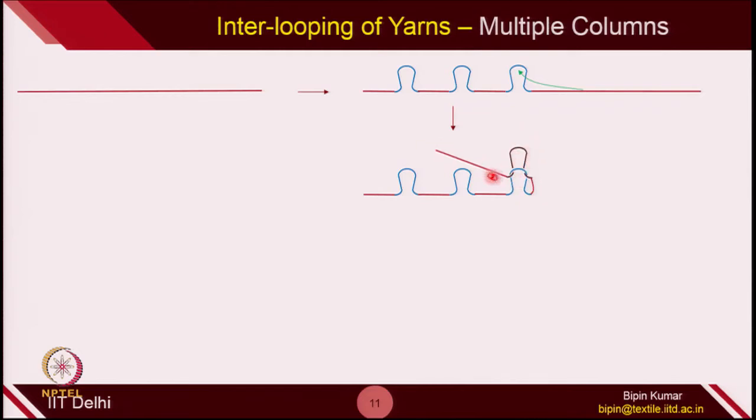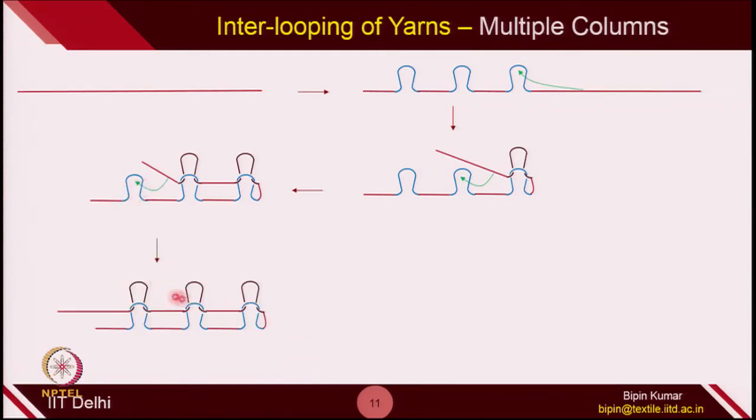Again we still have the straight segment, so we can create a loop for the second column and take that loop from one side to the other. In this process we can create the second loop. Again we have the straight yarn segment left with us, we can create a new loop and pass it through the third column.